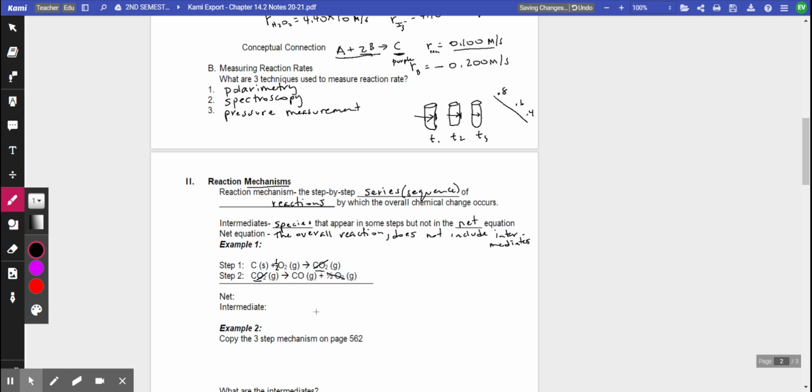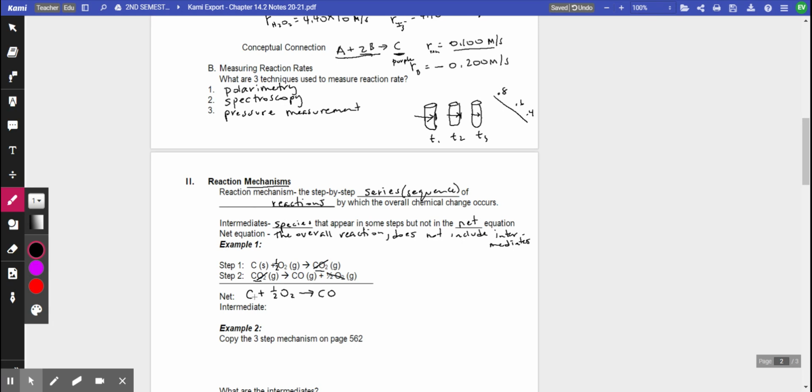So the net equation is, let's add these up. Everything on the left, that's going to be carbon plus 1/2 O2 forms CO. So carbon burning, this is combustion, incompletely produces carbon monoxide, and this is what happens in car engines, and that's why they're dangerous, or sometimes in stoves inside, if you have a wood-burning stove.